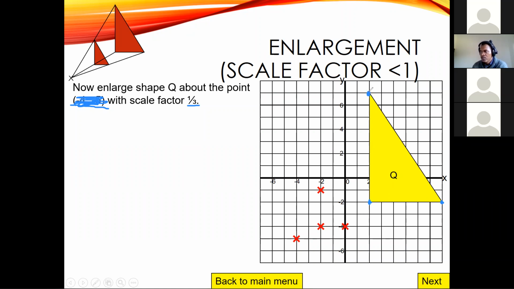Whatever you do, you always start with a coordinate, a point there. So this coordinate over here has x is 2 and y is 7. Let me write down that coordinate point quickly. The second one is x is 2, y is minus 2. So we have another one.